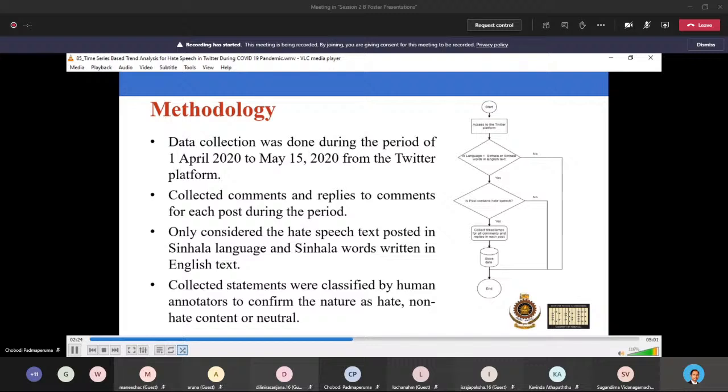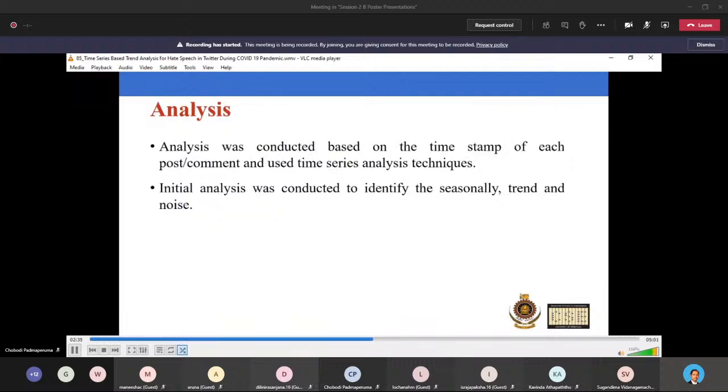Then we have conducted a time series analysis to identify the trending behavior in hate speech discussions. Since this project is mainly focused on time series analysis, we have started with the timestamps extraction and we have to identify specifically whether there is any seasonality, trend or noise available in the data set.